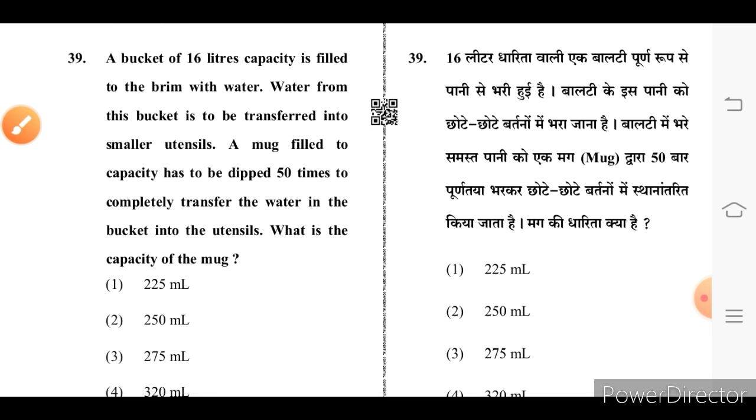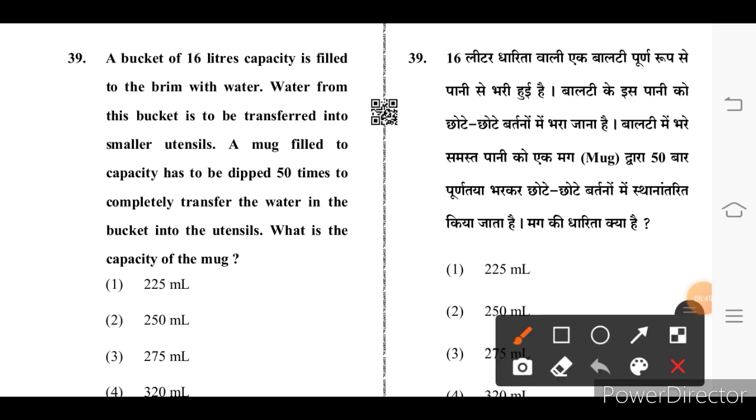Next question. A bucket of 16 liters capacity is filled to the brim with water. Water from this bucket is to be transferred into smaller utensils. A mug filled to capacity has to be dipped 50 times to completely transfer the water in the bucket into the utensils. What is the capacity of the mug?